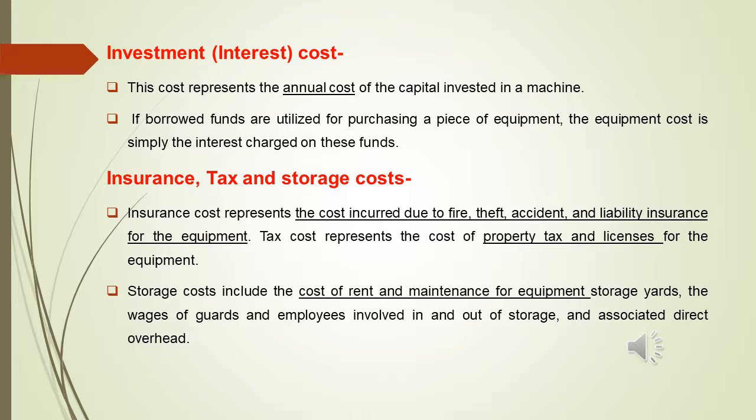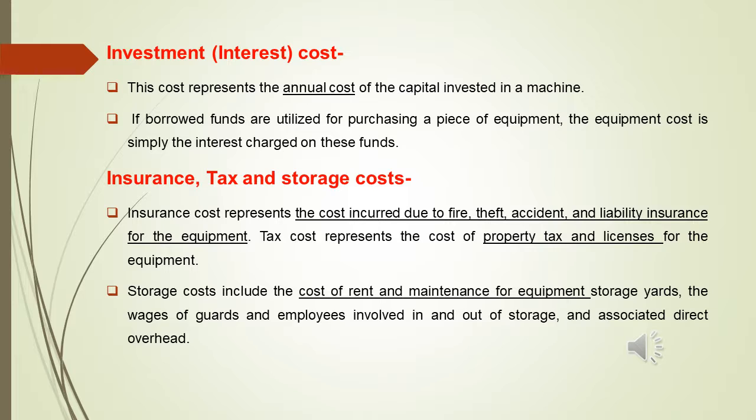Someone should know about the operation and all the details of that particular equipment. So even those equipments will have a license, just like we have for our two-wheeler, four-wheeler, lorry, buses. So this license cost and property cost is what tax cost represents.